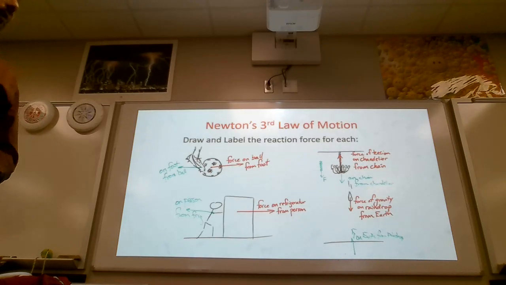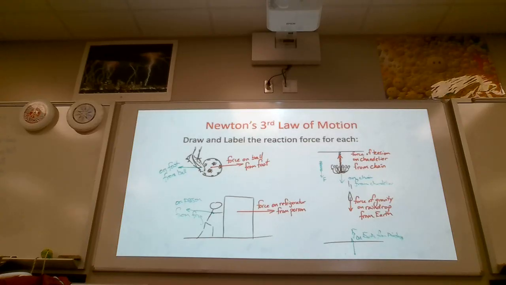So what I am suggesting is they both experience the same force. Why doesn't the Earth experience the same acceleration that I do? The Earth has a much greater mass. Does that make sense?